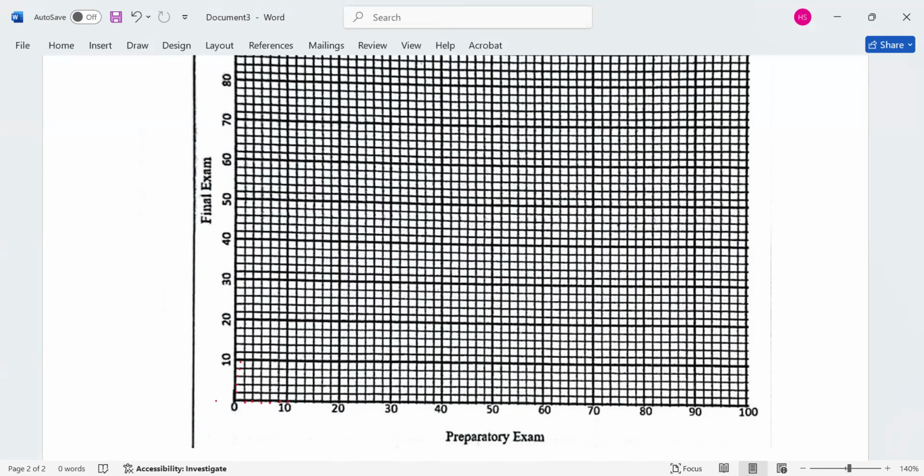So we need to say 10 divided by 6, so that it will tell us how much each one represents.